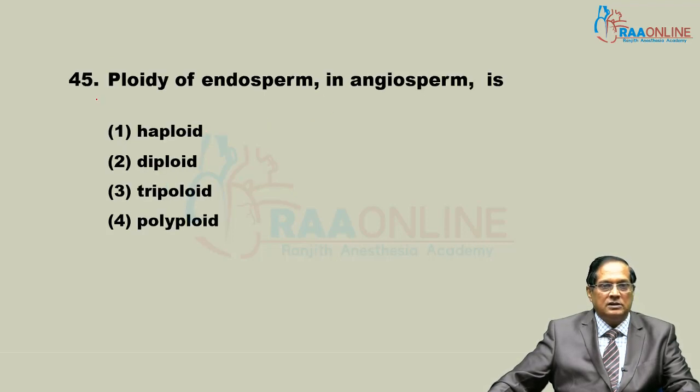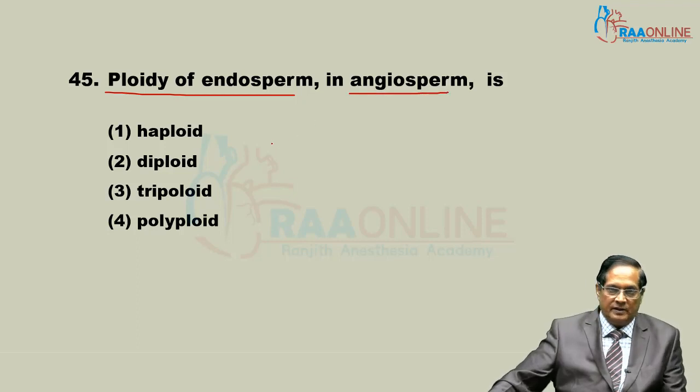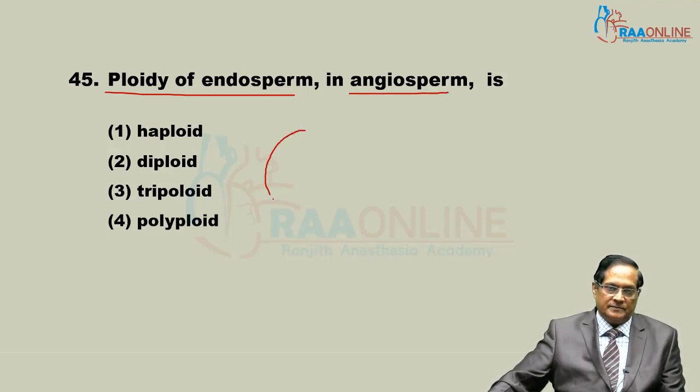And the last, ploidy of endosperm in angiosperm. See this structure. This is the female gametophyte or embryo sac. Within this structure, this is the egg cell or female gamete. In the neighborhood of the egg cell, synergids are present.